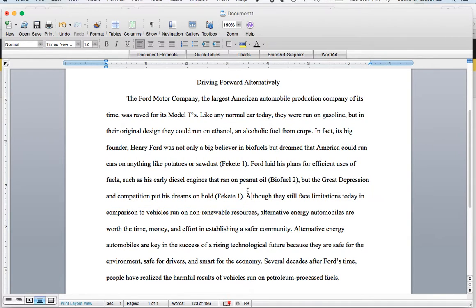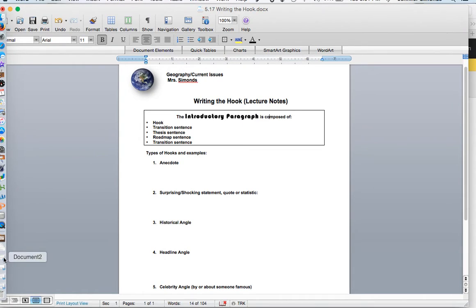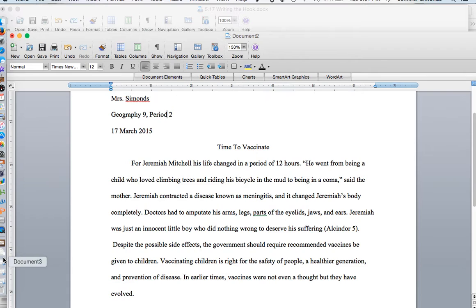And then it kind of brings in this historical angle and Ford's idea of trying to find efficient uses of fuel. And then it goes into the counter argument and position statement. So that's an example of a historical angle. It's bringing something from history and bringing it into a comparison to your research paper.